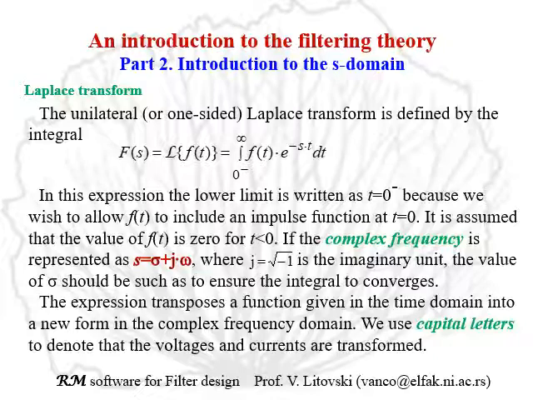The expression transposes a function given in the time domain, f of t, into a new form in the complex frequency domain. We use capital letters to denote that the voltage and currents are transformed.